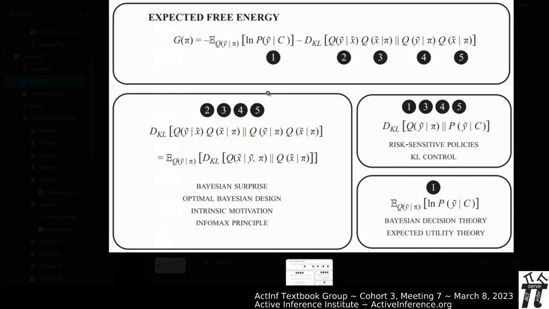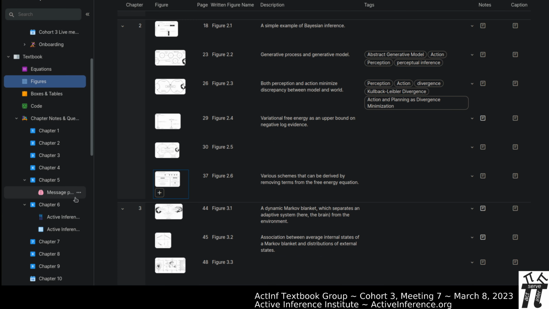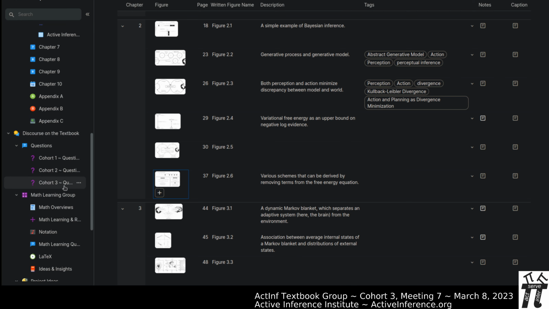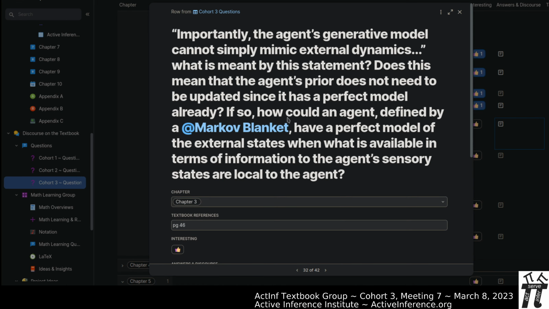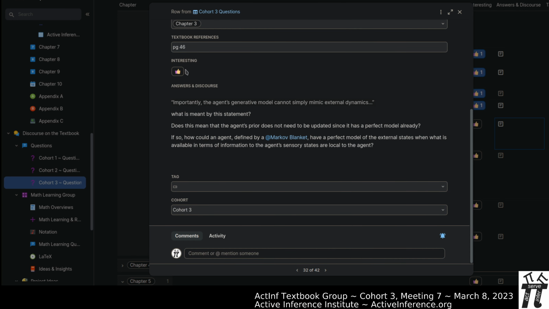And if there are no differences in pragmatic utility for different outcomes, then you have novelty or information-driven policy. So in principle, a huge number of special cases can be imagined. But in general, it's not the case that the GM simply mimics external dynamics. That would be a contrived setting.